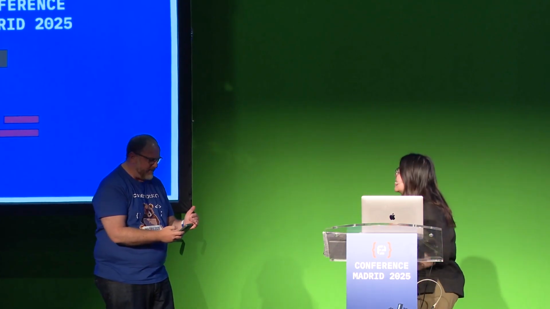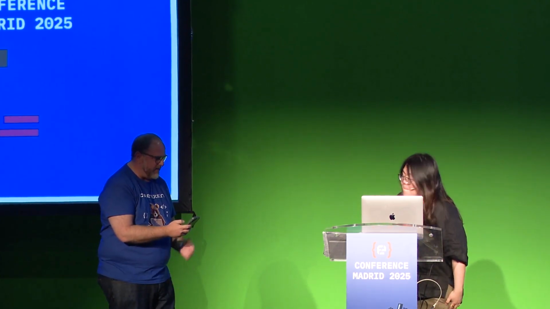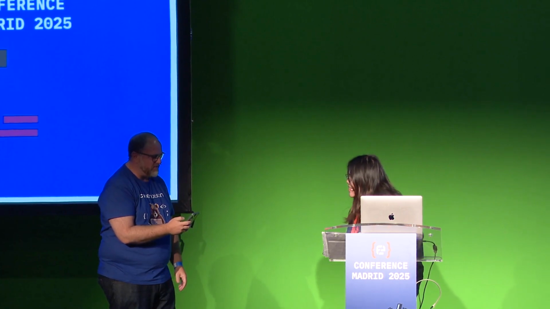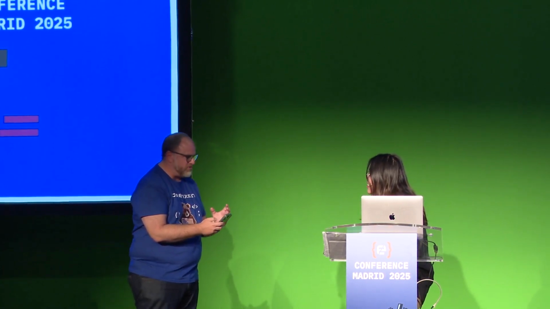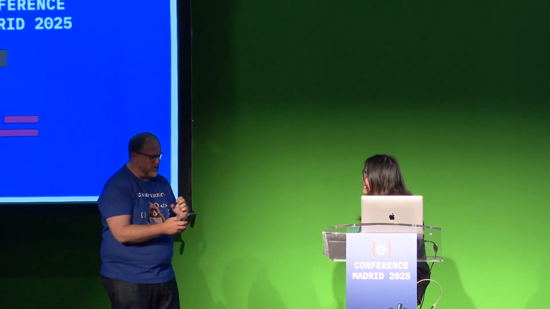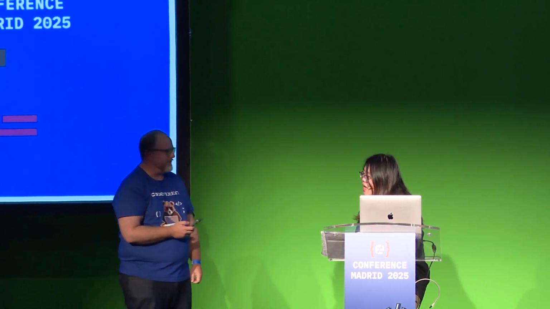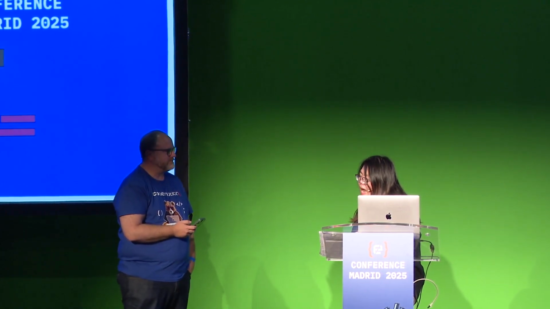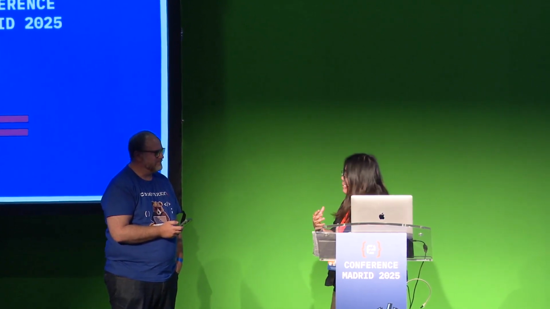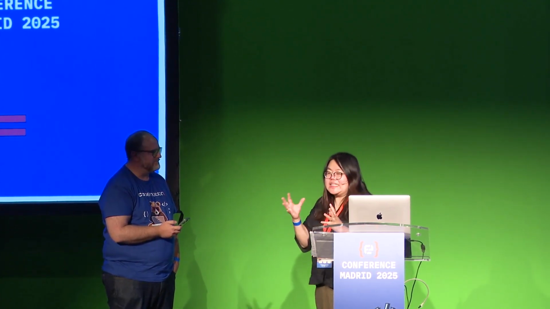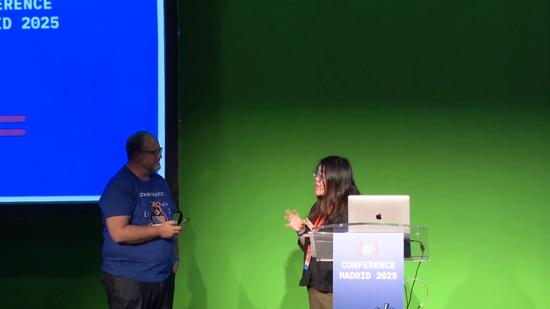The first one that I got in the list is from Angel. Are there any successful use cases for distributed model training using WebGPU and P2P networks? Okay, so I haven't seen any very widely adopted use case. I think there will be one coming very soon.